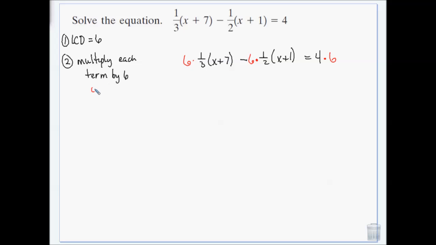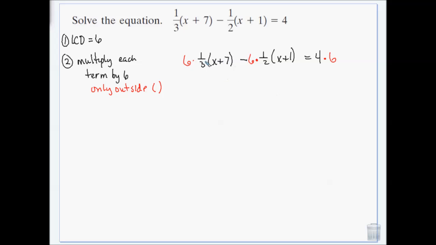It's only outside the parentheses. Because 1/3 is already 1/3 times x plus 7. So if I multiply 6 times 1/3 and then 6 times x and then 6 times 7, I'm actually multiplying by 6 twice. And I only want to multiply by 6 once. Does that make sense? So you only multiply this outside the parenthesis by the denominator, not inside.